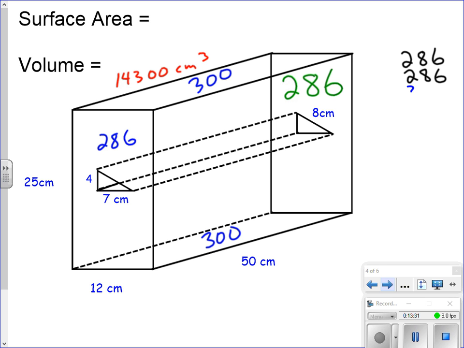So I'll add those. And then we got the big side panel, which is 25 by 50. Again, if you're not sure, that would be this panel, or this side times this side. 25 times 50 is 1250. Big panel. Side panel on the other side, so I'll write that down.